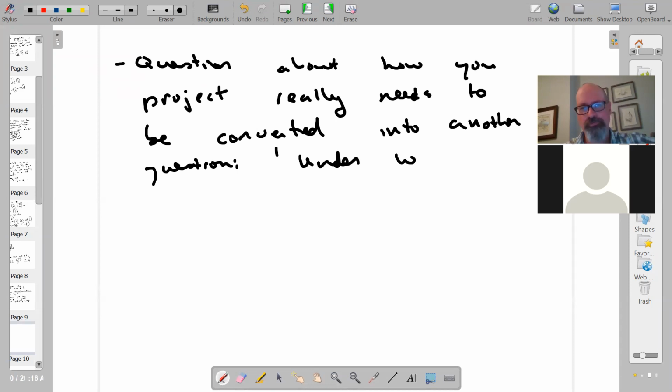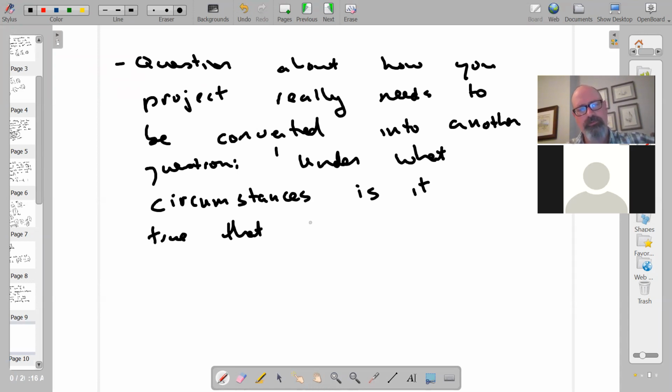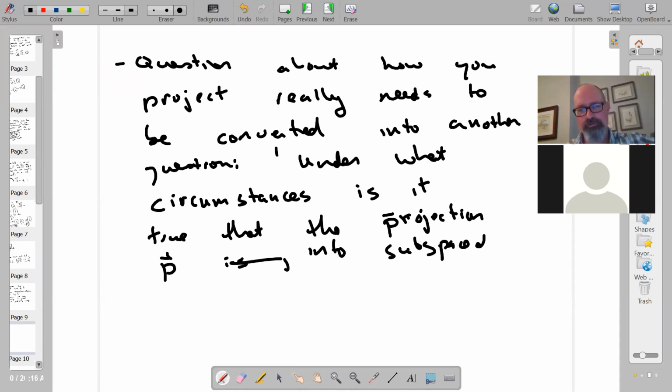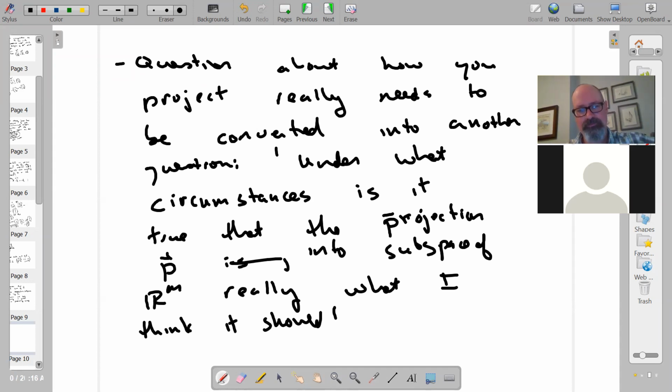Under what circumstances is it true that the projection P into a subspace of Rm is just, really what I think it should be, the sum of the projections?